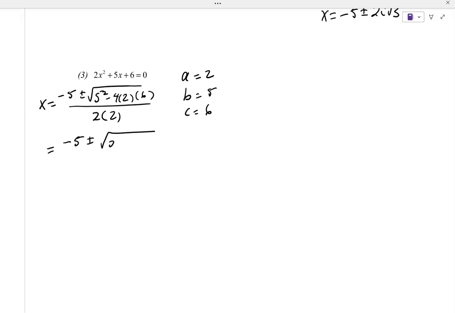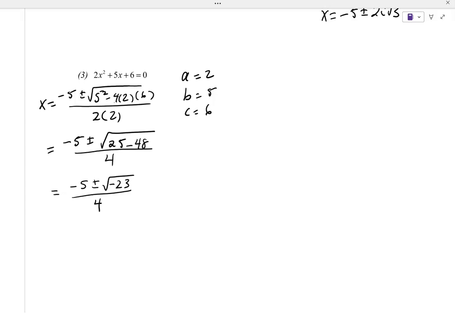Five squared is 25. 4 times 2 is 8. Times 6 gives me minus 48 all over 4. 25 minus 48 gives you negative 23.